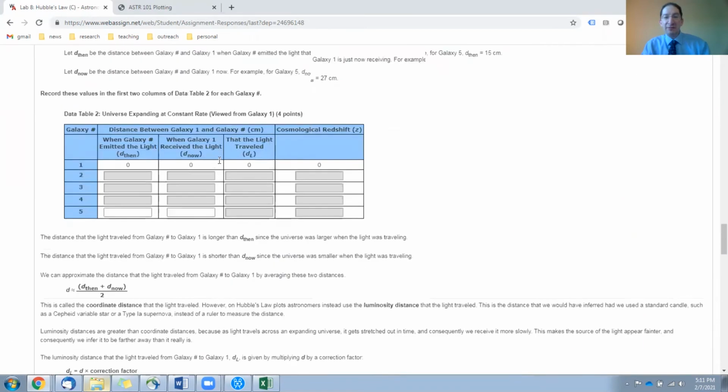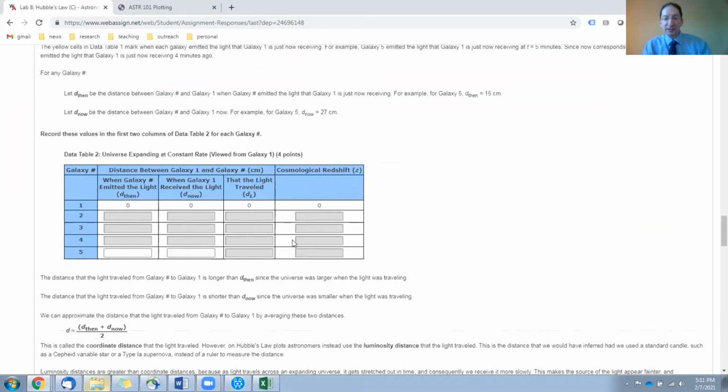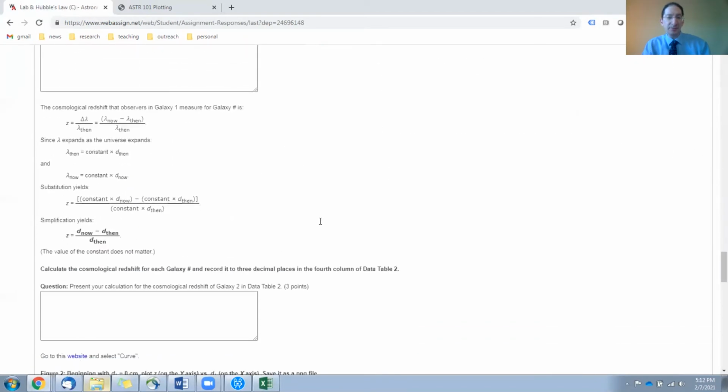So now we have our luminosity distances, 5 of them if we include the 0 point, and we have our cosmological redshifts. So to get Hubble's law from this rubber band universe, we just have to plot one versus the other.